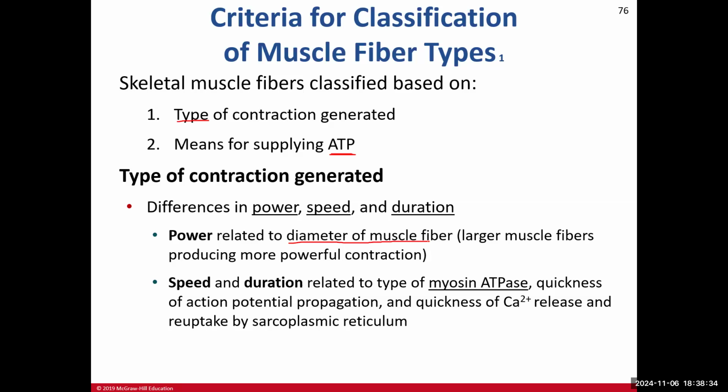And then speed and duration rely on this molecule here called myosin ATPase. Well, that should look familiar. Remember when we were talking about ATP? When it binds onto the myosin head, it gets hydrolyzed, which is the type of chemical reaction in which we break it down into ADP and an inorganic phosphate.